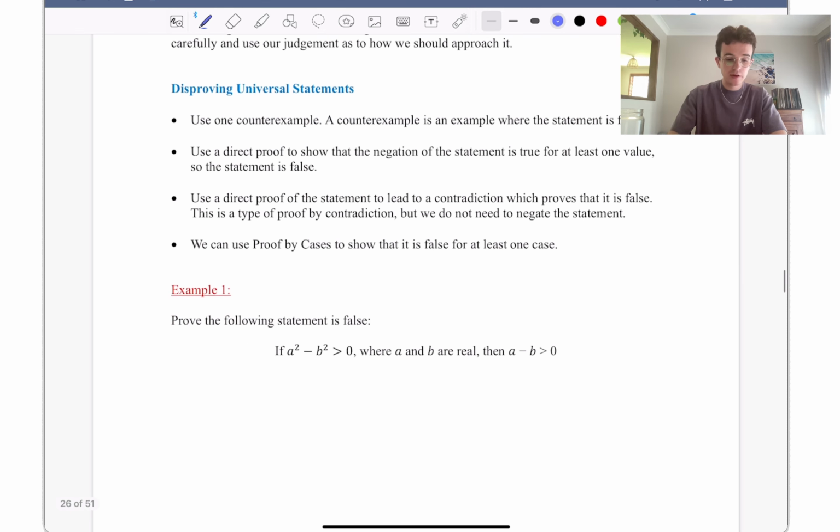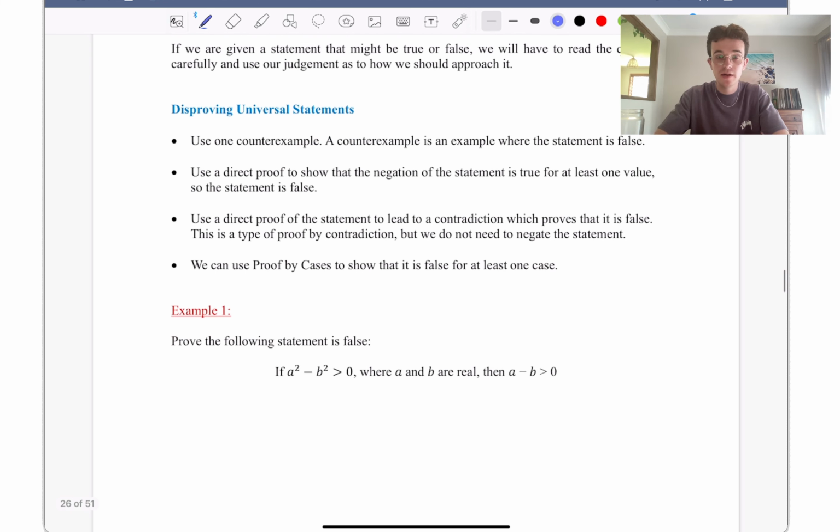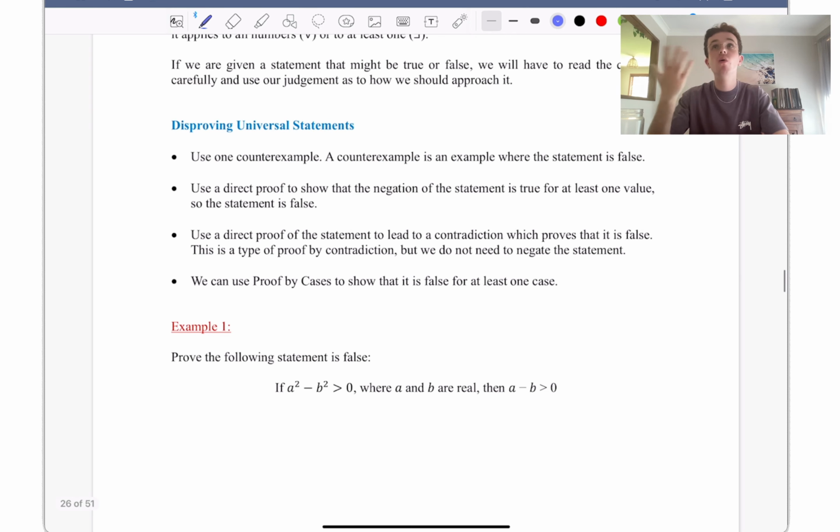The easiest, and one of my favorite ways to disprove a universal statement, is just by providing a counter-example. So if we've got a statement that says for all integers n, they're odd, well, we know that's not true, and you only need to provide one example to disprove that whole statement, because the for all symbol means every single real number.